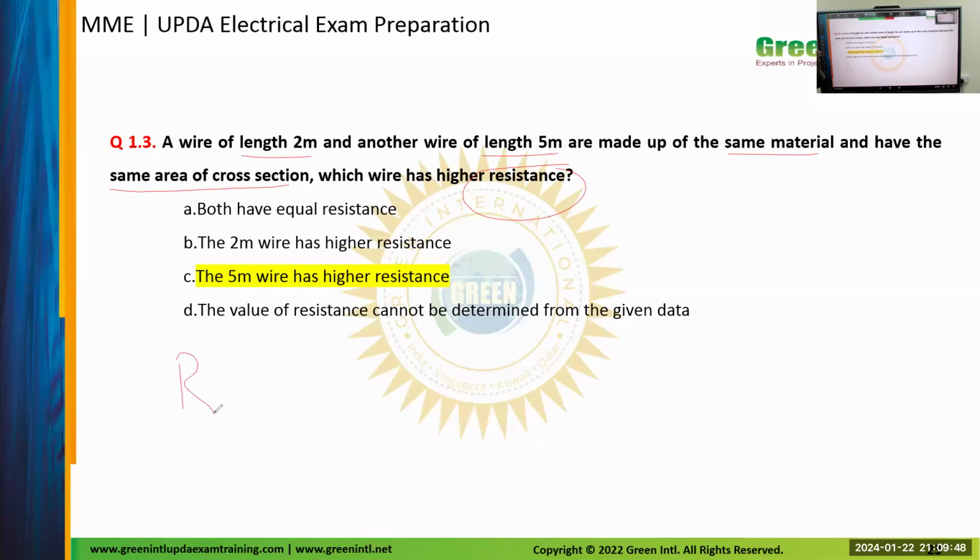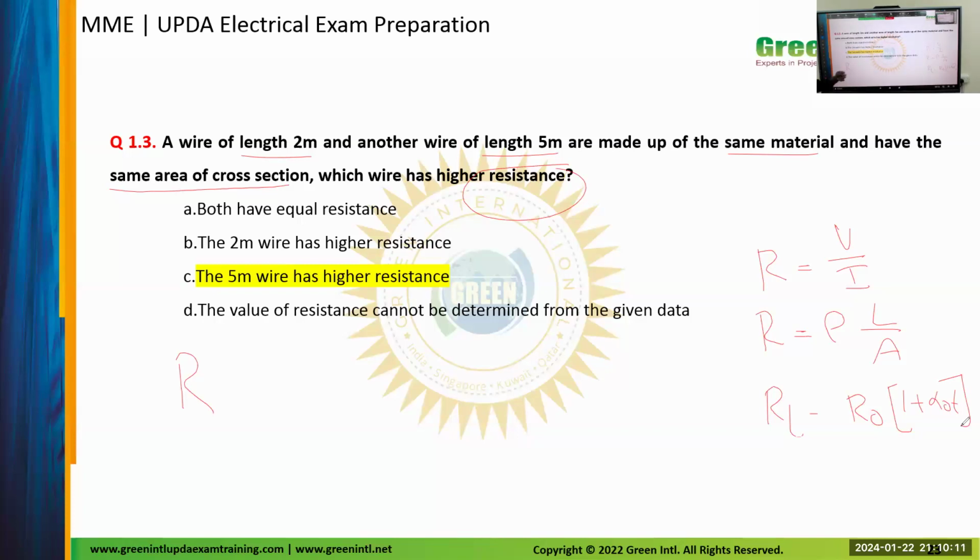By using Ohm's law, R is equal to V by I. This is one formula. Another formula, R is equal to rho L by A. Another formula, RT is equal to R naught into 1 plus alpha naught into T. These are the 3 formulas we discussed.